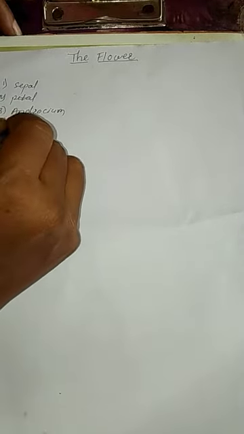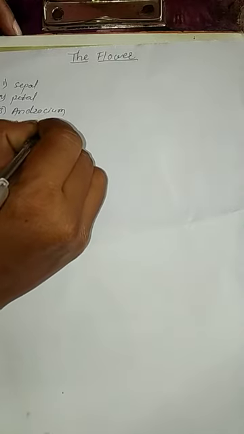And fourth is the gynoecium. I explained that these four are the very essential parts of the flower. A flower that has all 4 parts present is called the complete flower.